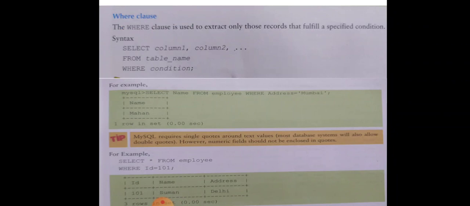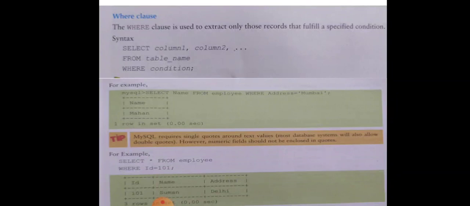Suppose I want to extract the names of those students who secure greater than 70%, then I use the where clause with the select command, and I will write select name from student where percentage greater than 70. So the where clause is used to extract only those records that fulfill a specified condition, and the syntax is select column name from table name where condition.